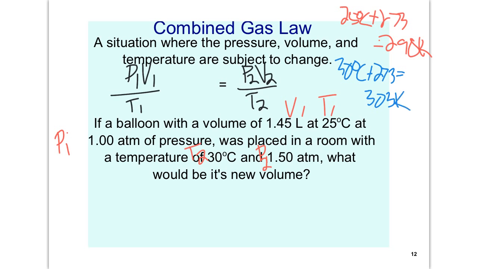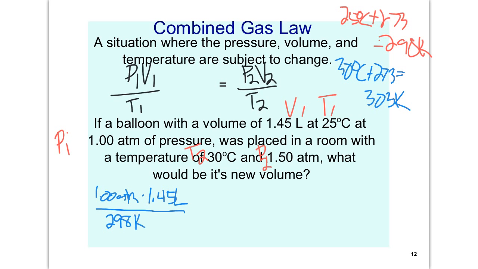So then what we can do is start plugging all of this into an equation. So we have our P1 of 1.0 atm, multiply that by our volume 1, which we defined as 1.45 liters, divided by our first temperature of 298 Kelvin.